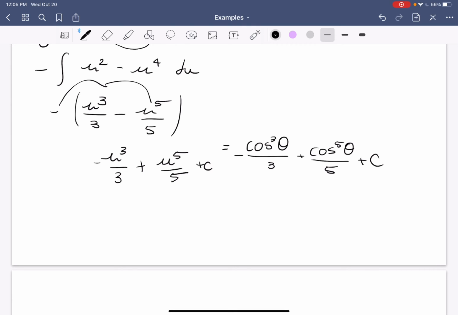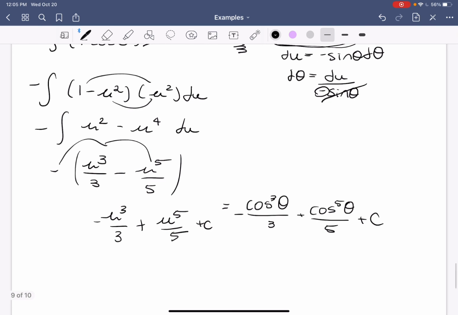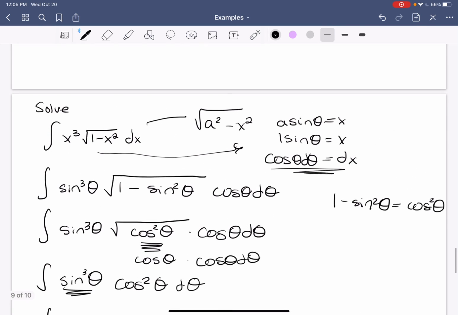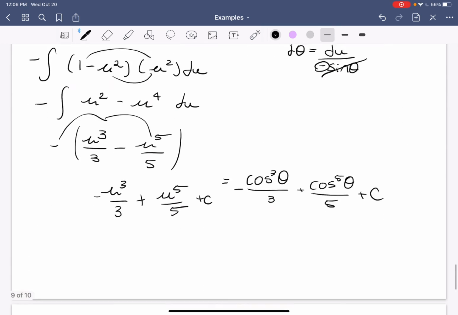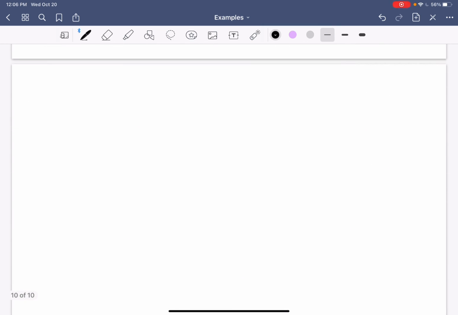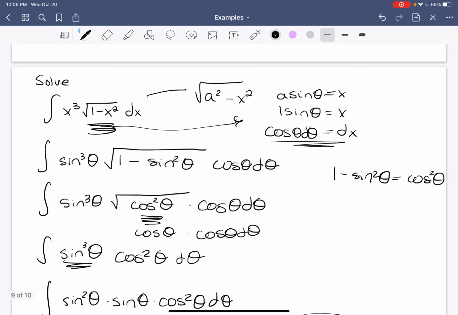Sorry, negative here. So we got to this point. However, we will need to put it in terms of x. So what we need to do is draw a triangle, and we already started here in this section.